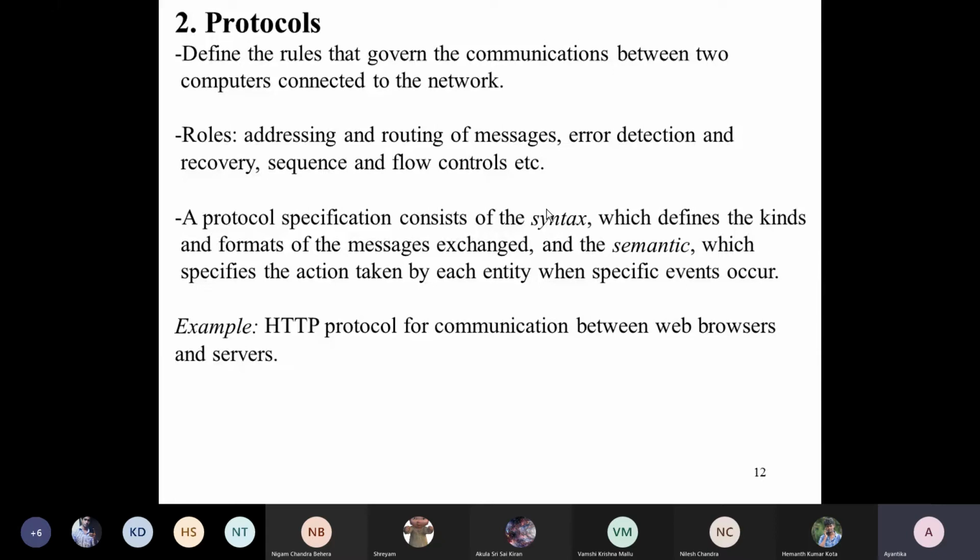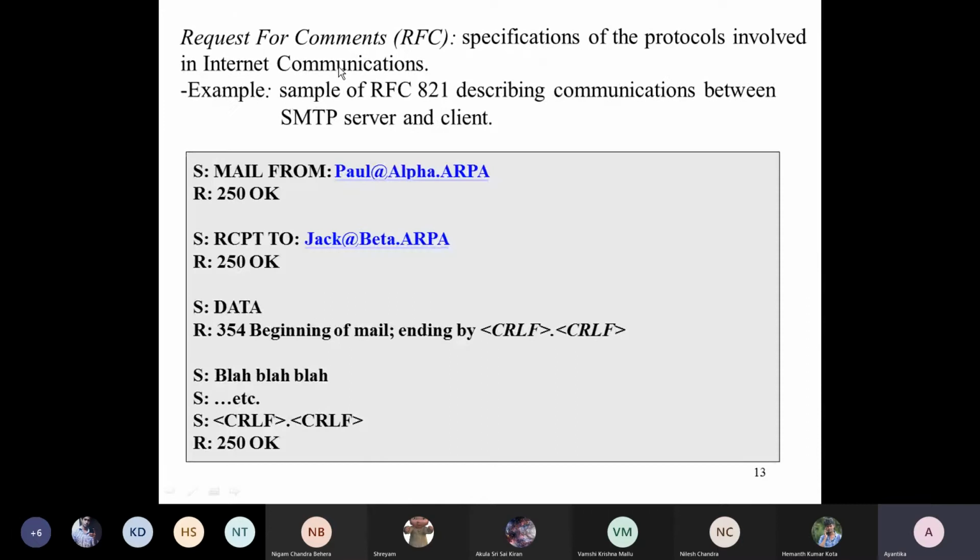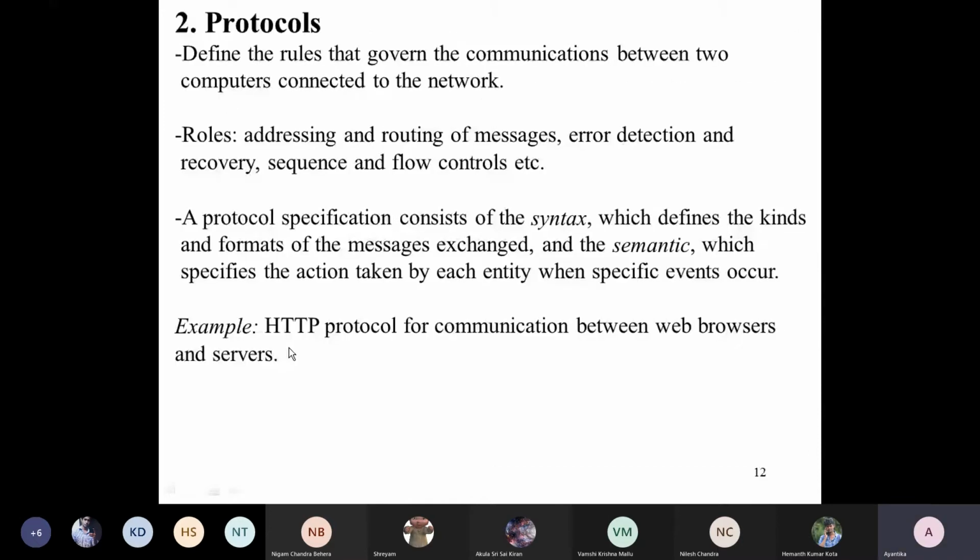So basically, protocols mean defining the rules. HTTP is an example of a protocol. We will take it in detail when we talk about the IoT scenario, and how the versions of HTTP are important. But as of now, this is just the name of a protocol.